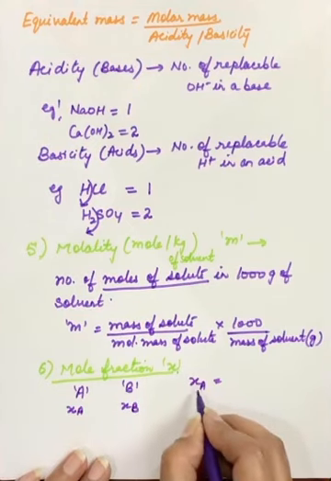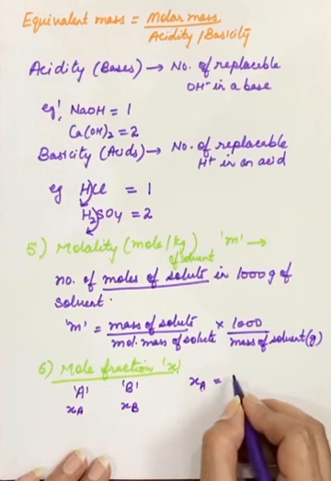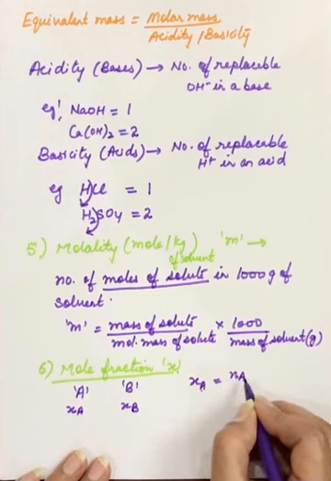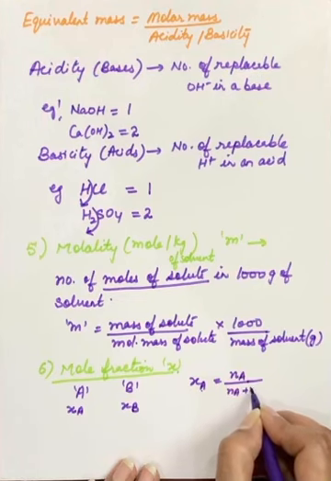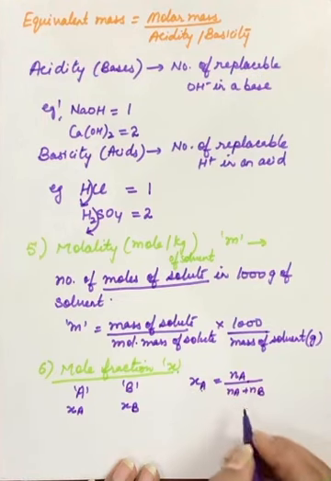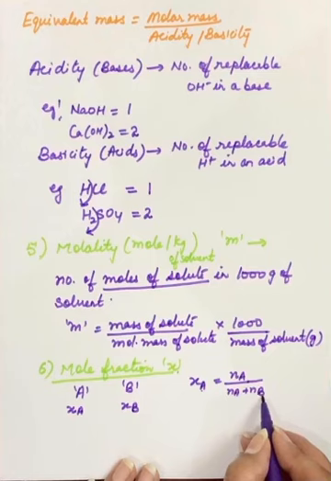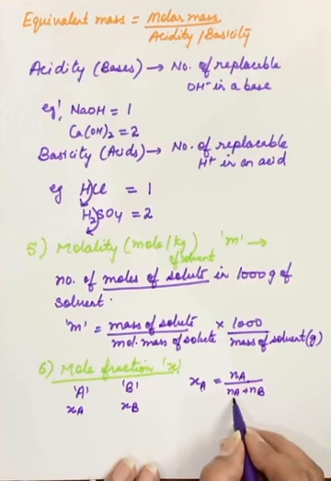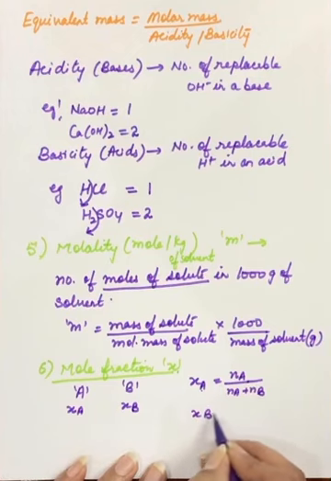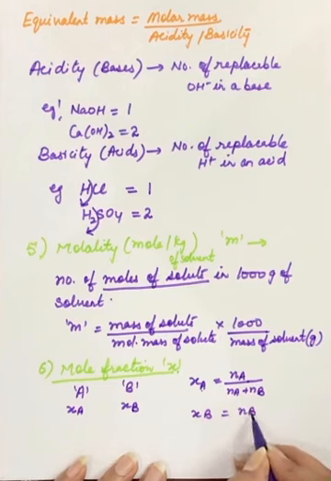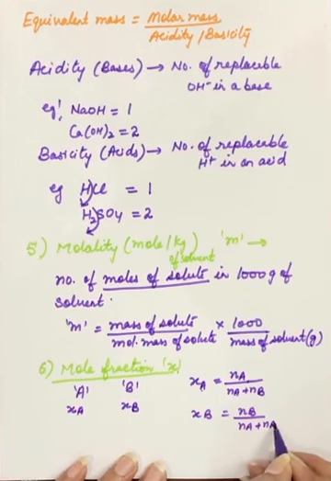Mole fraction of A component will be equal to the number of moles of this component divided by the sum of the number of moles of all the components in a solution. So there are just 2 components in a solution, so this is the sum of the number of moles of A plus that of B. Similarly, XB will be equal to the number of moles of B component upon Na plus Nb.